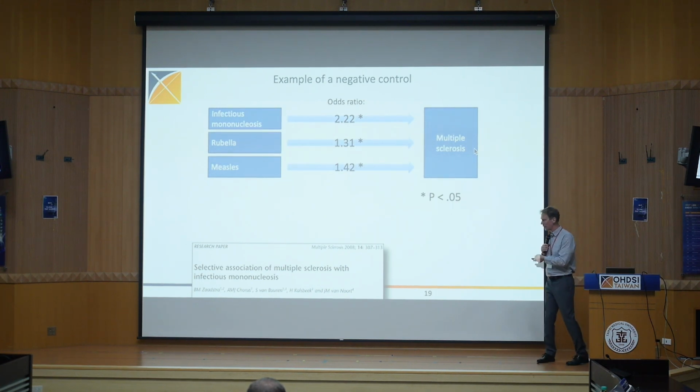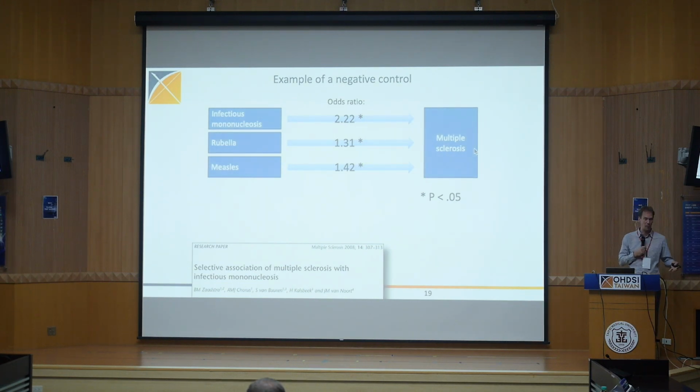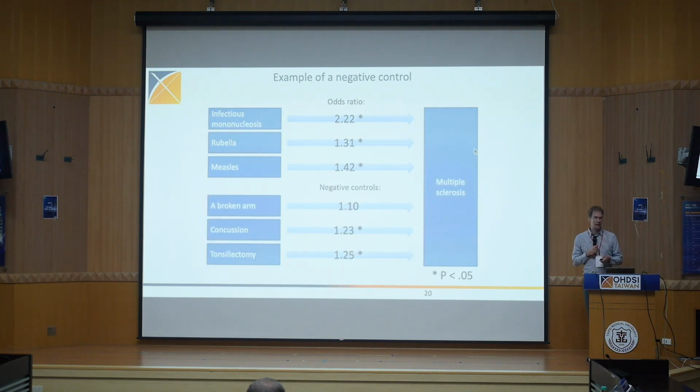But to their credit, these researchers weren't entirely sure whether the methodology that they used was 100% reliable, because they basically asked people about their childhood diseases, and that can introduce recall bias. So they also added 3 negative controls, which are things that they firmly believe could not cause multiple sclerosis: a broken arm, a concussion, and adult colectomy.